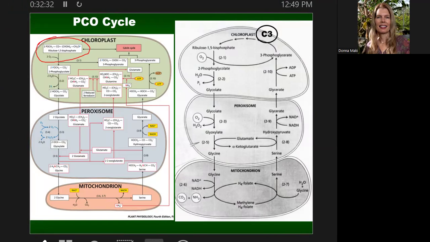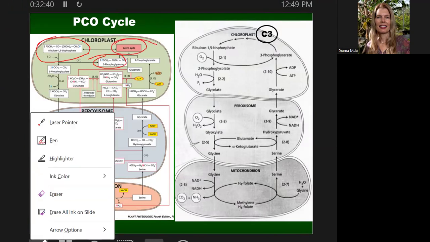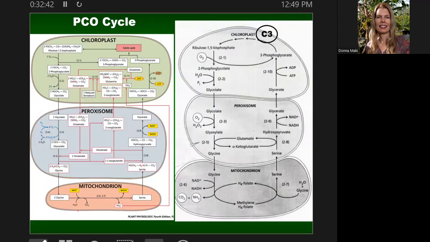And you can see one of the products is PGA, which is great because that can feed right into the Calvin cycle. But we only get one PGA. The other product is phosphoglycolate, and you can see the arrow, arrow, arrow on that other side, that's all this.